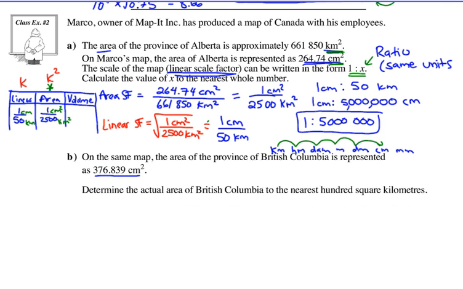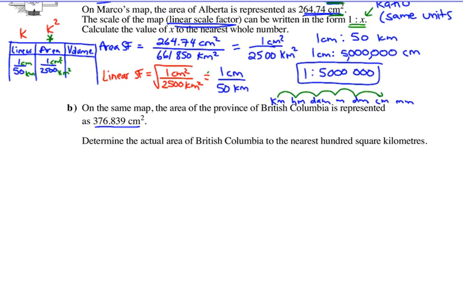On the same map, the area of the province of British Columbia represents this many centimeters. So here they give us a map diagram of 376.839 centimeters squared. So there's a few ways we can solve this problem. One way is we can set up a ratio. We know 1 centimeter squared is equivalent to 2,500 kilometers squared on the map. And they give us the map, 376.839 centimeters squared, and we're looking for x kilometers squared.